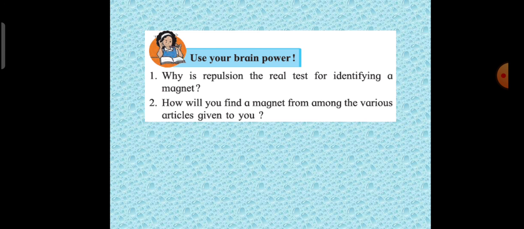If there is no attraction at either end, then we can identify it as a non-magnetic substance. If there is attraction at one of the ends and repulsion at the other, then the object is a magnet, because repulsion is the real test for identifying a magnet.